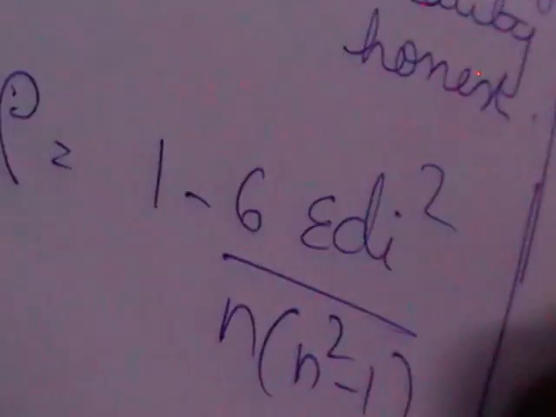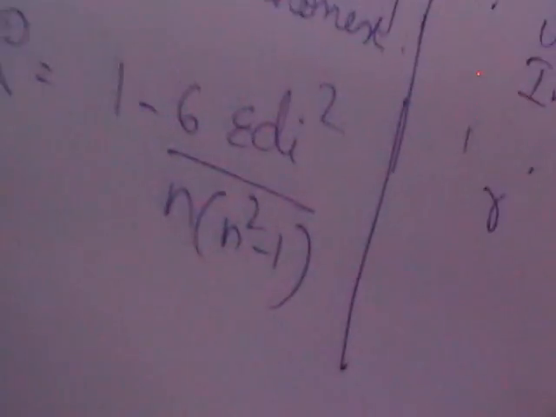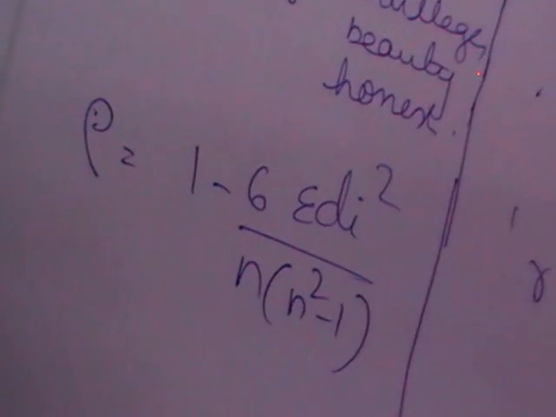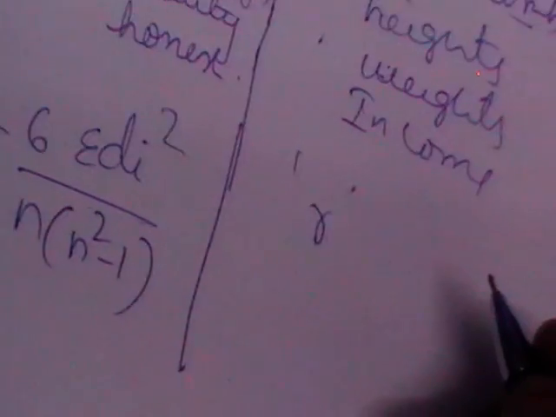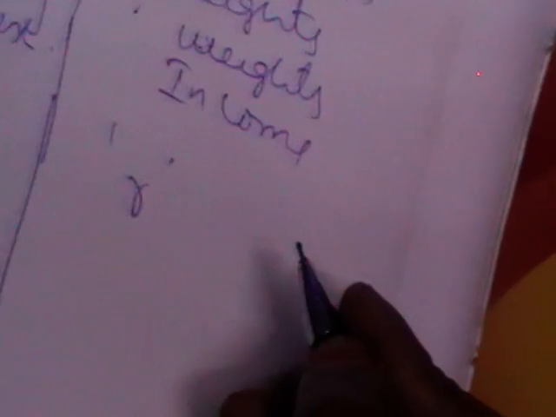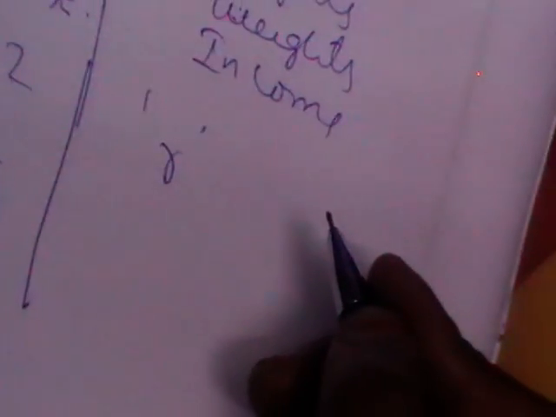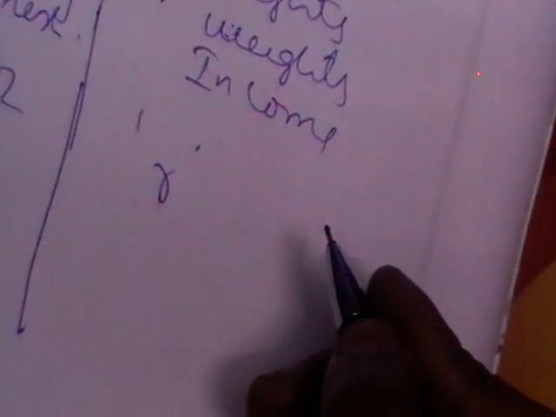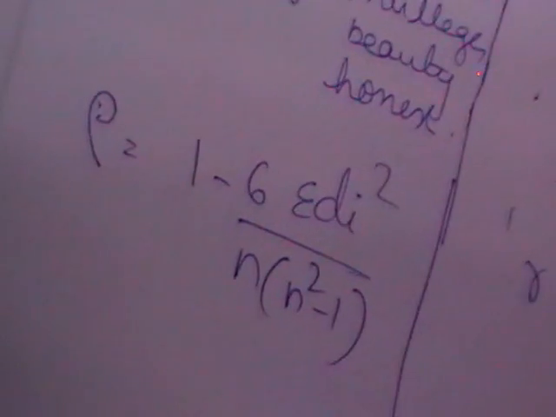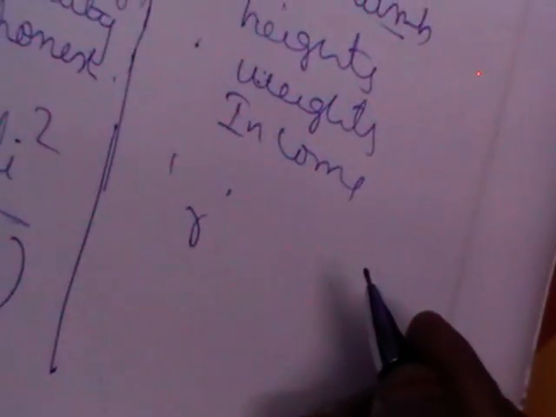For quantitative data we use r. The meaning and uses of correlation do not change, but depending upon the type of data, whenever it is quantitative we go for r, and whenever it is qualitative we go for Spearman rank correlation. Okay, these are the types of correlation.